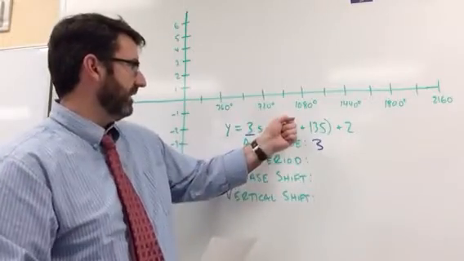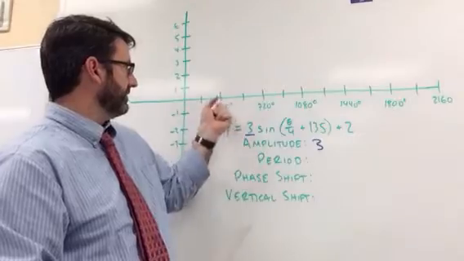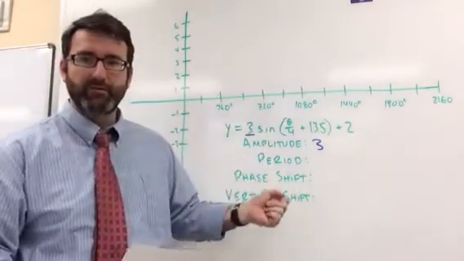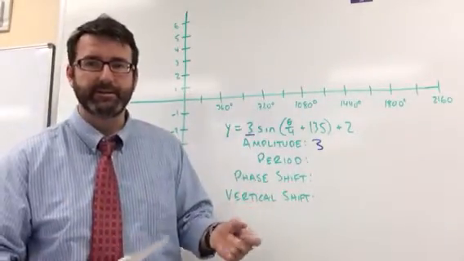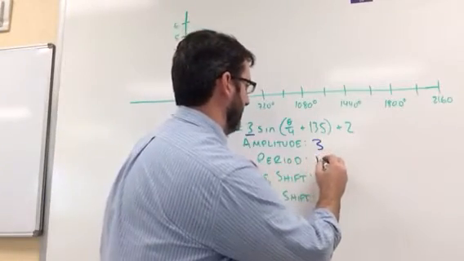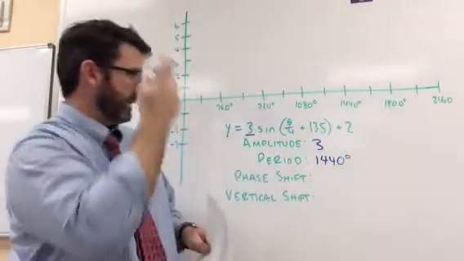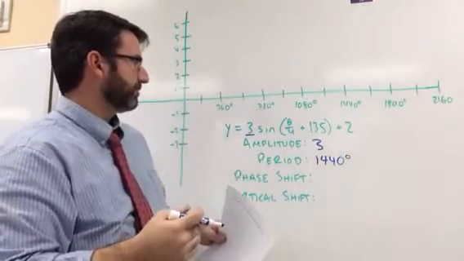Now here, that's 1/4, so this is 1/4 theta. So 360 divided by 1/4 is the same as 360 times 4. So 1,440 degrees is going to be our period.